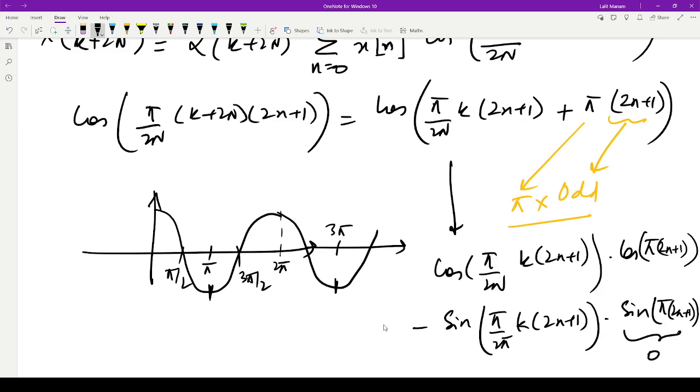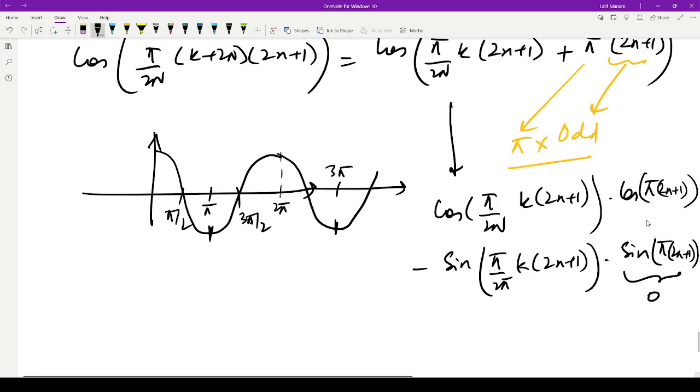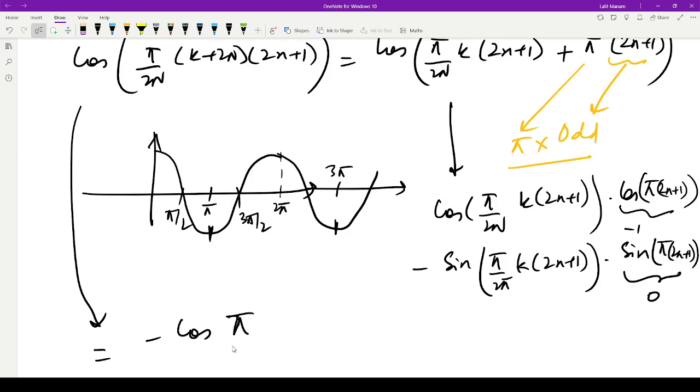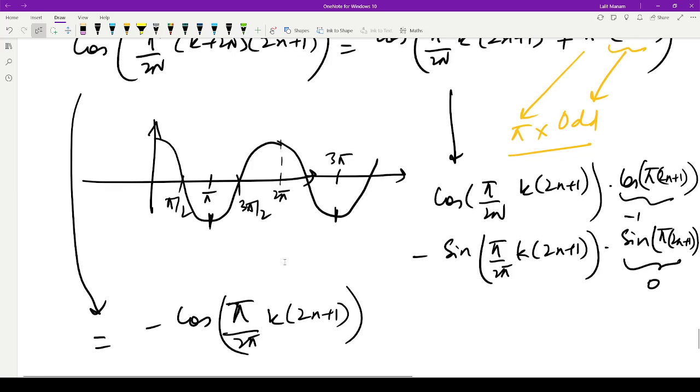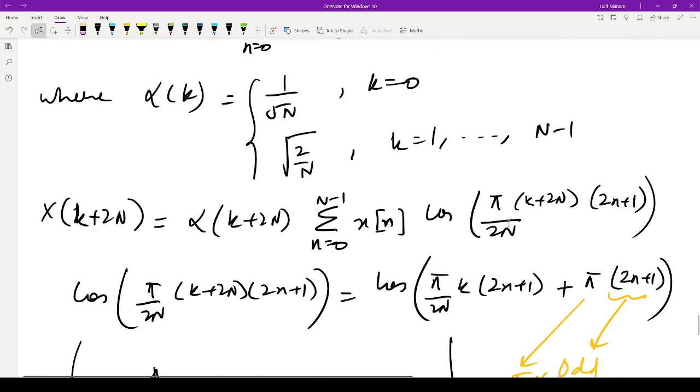This part is 0, and this part is -1. So effectively, this thing turns out to be minus of cos pi by 2N and k of 2n plus 1. Okay. So this part is resolved, which is equal to minus of this part.